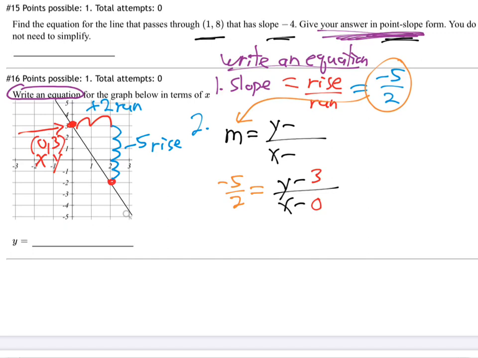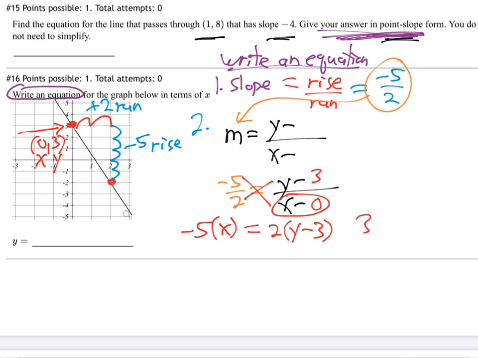Yeah, cross. Now, by the way, what is x take away nothing? It's just x, right? So when we cross multiply, negative 5, I'm just going to make it x, because x take away nothing is just x, is 2 times y minus 3. So that's step 3.